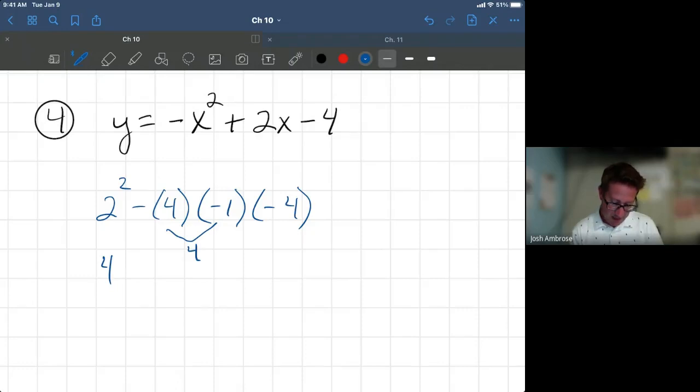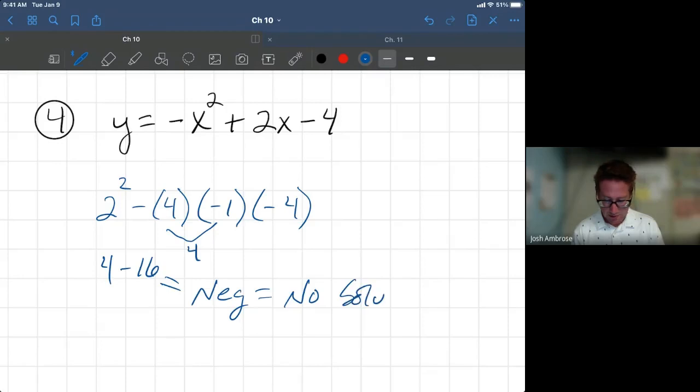But then when you are multiplying this positive 4 by that negative 4, it's going to go back to a negative. All right, so creating negative 16. And 4 minus 16, this is going to equal a negative, which is going to equal a no solution.